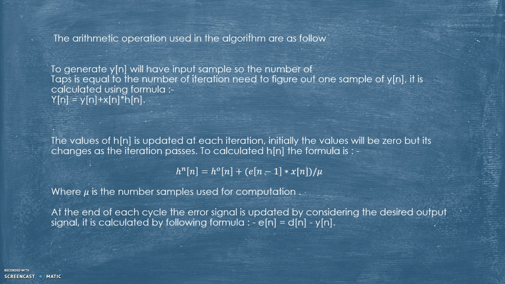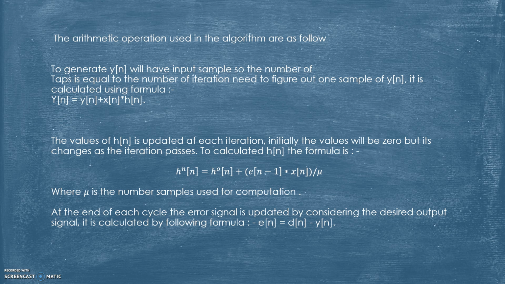For suppose there is a 4 tap filter, so there will be 4 input samples. So for one y of n to be calculated, it will take 4 iterations, so that we'll get the final value of y of n, e of n, and the new h of n.